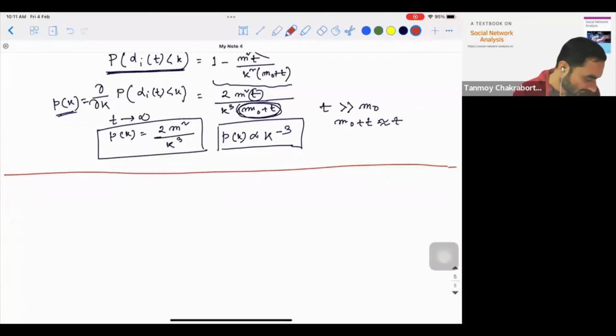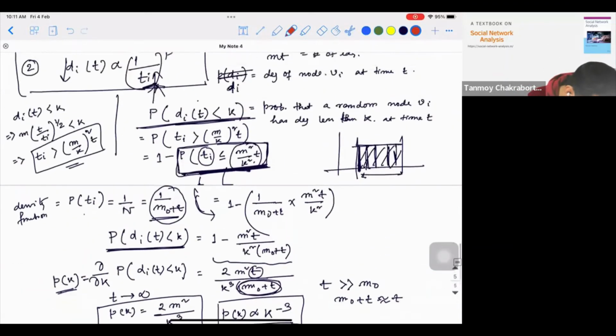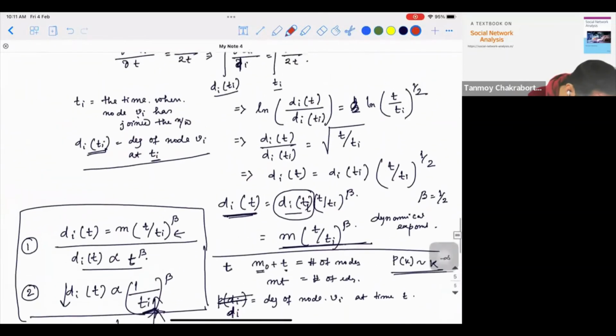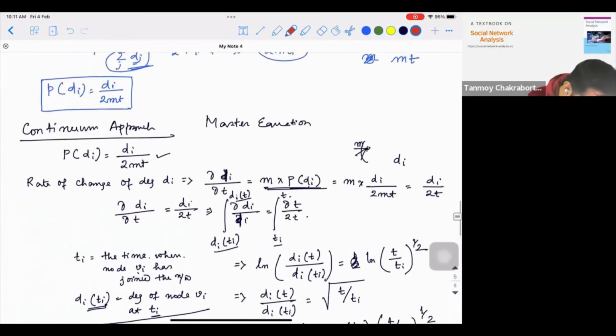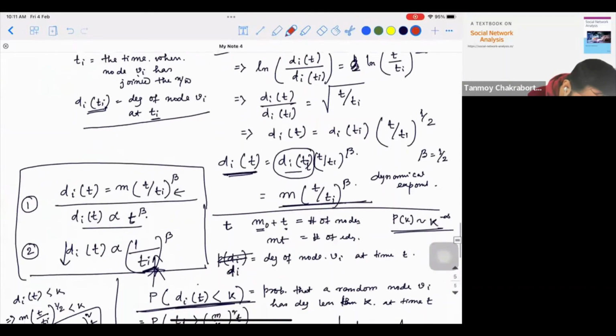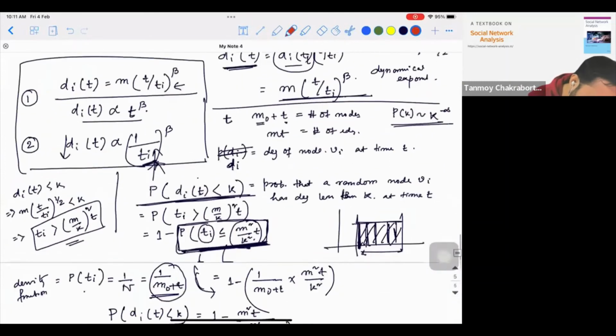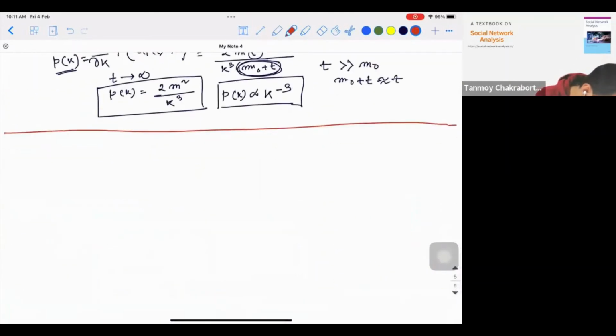Okay, so now we will discuss the second approach, which is called the master equation, to derive the same phenomenon, that the Barabasi-Albert model follows power law degree distribution. So we have seen how the continuum approach can be used for deriving this one. So we'll discuss how master equation can be used for the same purpose.